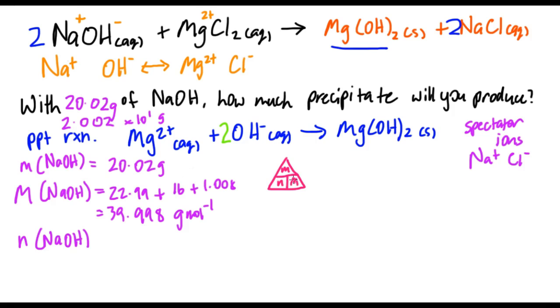If we know the mass, we can figure out the molar mass using our periodic table, so we will be able to figure out our number of moles. So we can figure out the number of moles of sodium hydroxide, which is simply the mass of it, 20.02 grams, divided by 39.998 grams per mole.